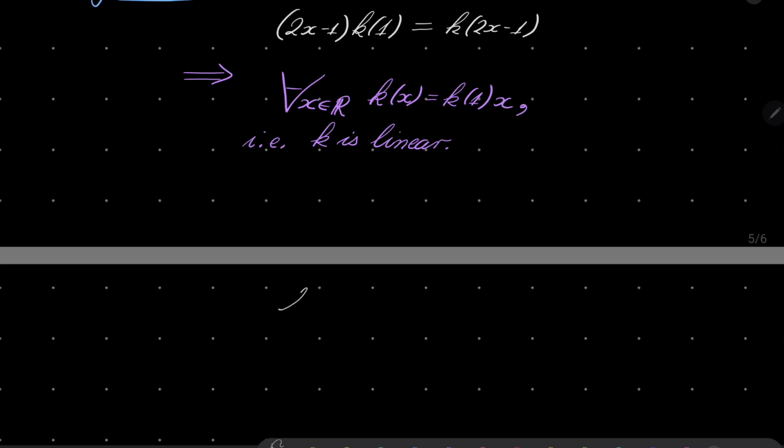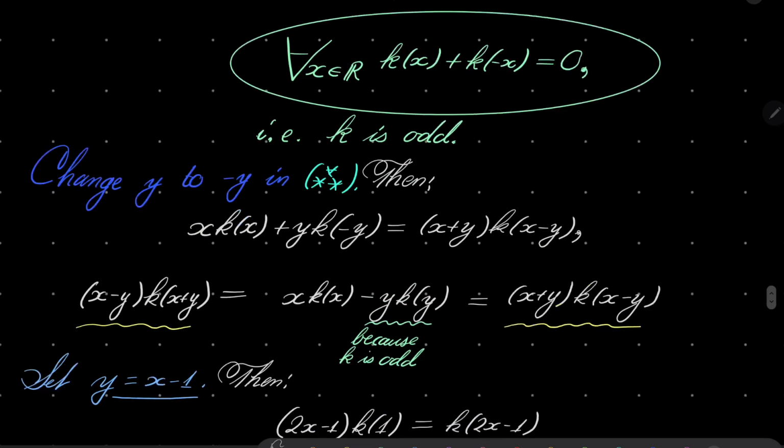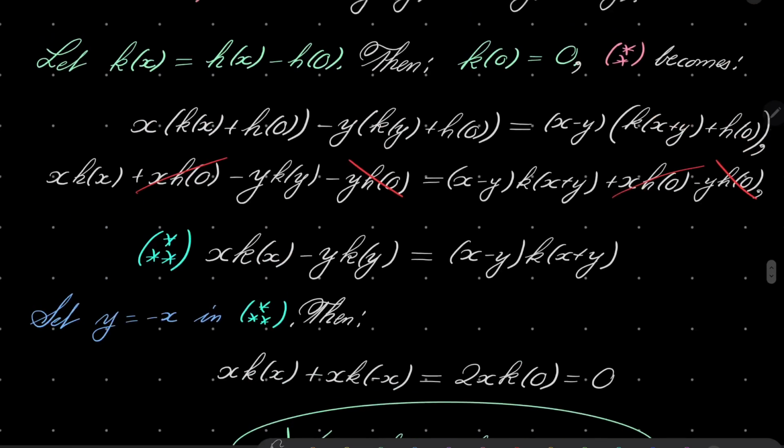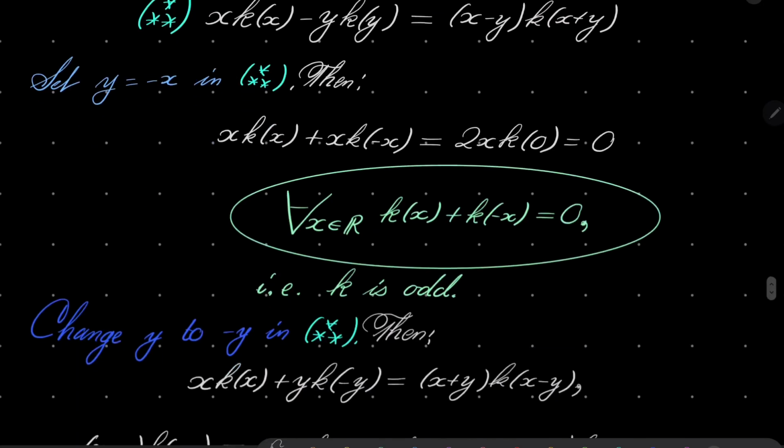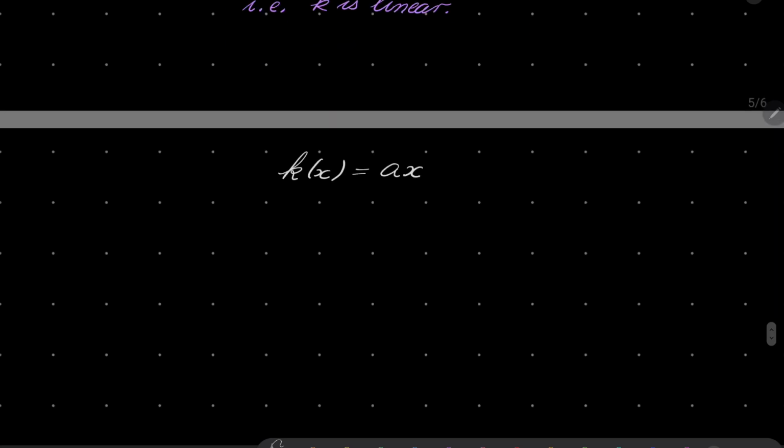K of x equals a times x. But what is h of x? Remember that h of x can be expressed as k of x plus h of 0. But again, h of 0 is some constant. Let's call it b. So h of x equals ax plus b.